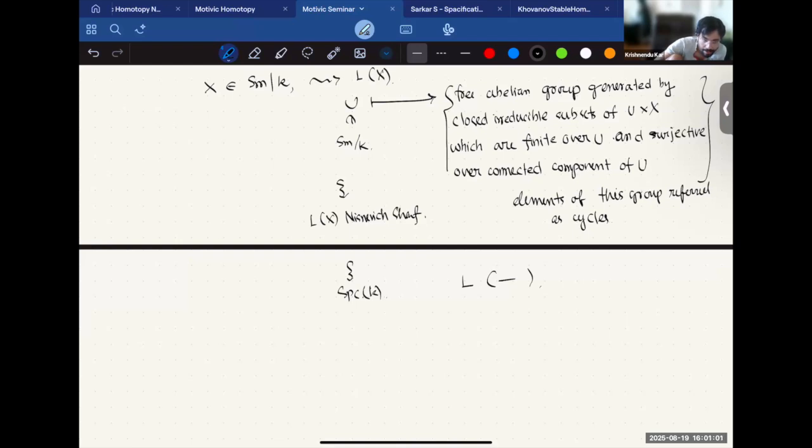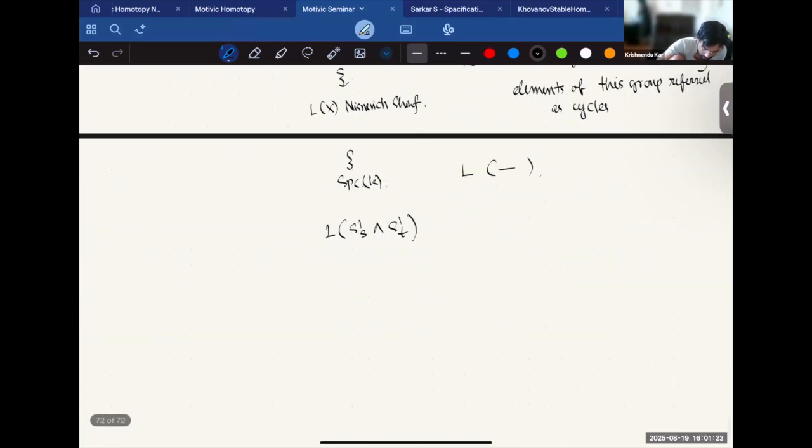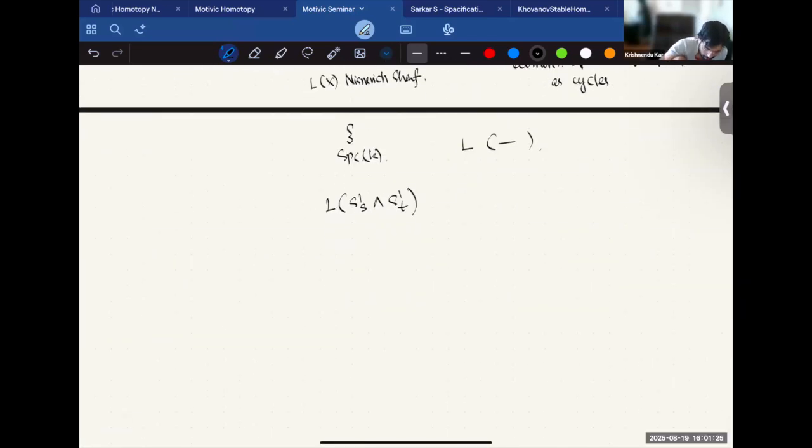You can upgrade this functor from pointed spaces to Nisnevich sheaves with values in simplicial abelian groups. This is why they are giving an example: L of S^1, the Tate circle, which is the same as L of A^1 minus 0, comma 1.